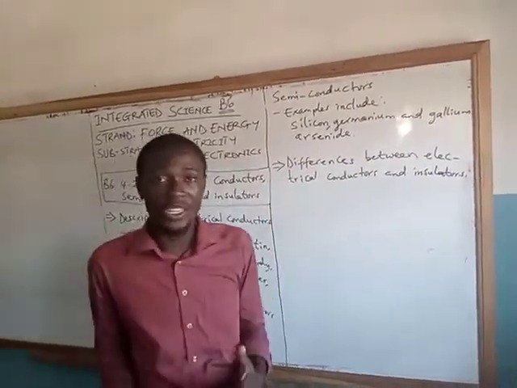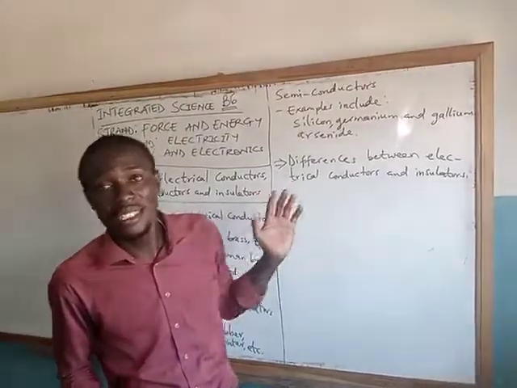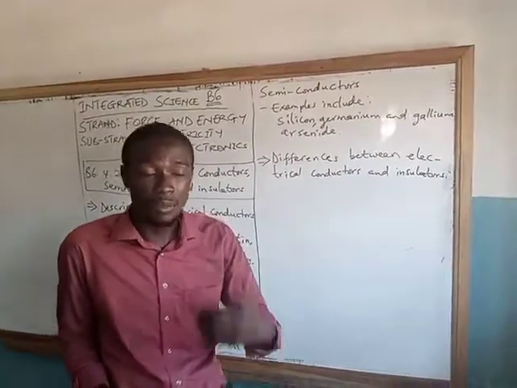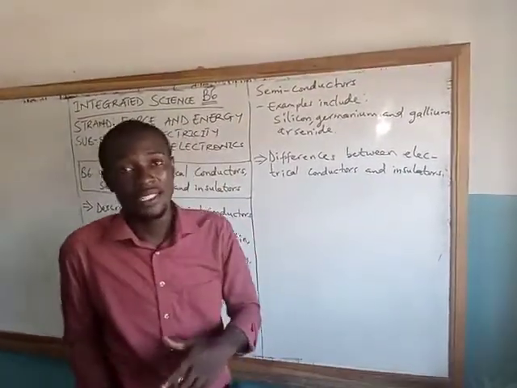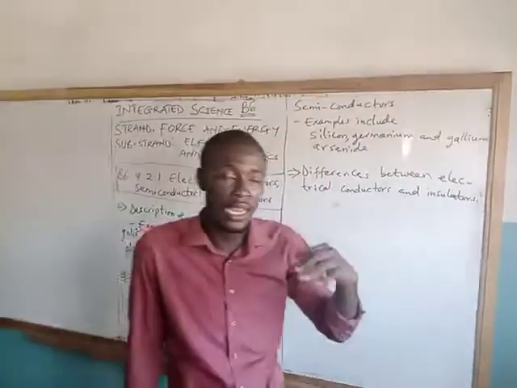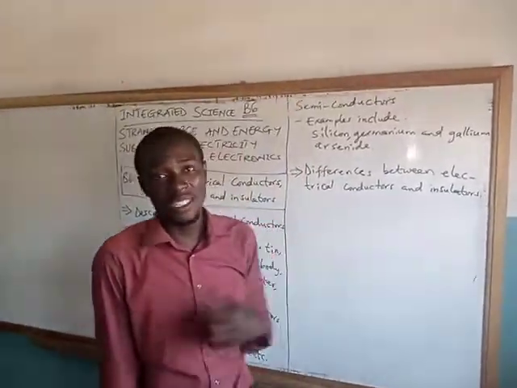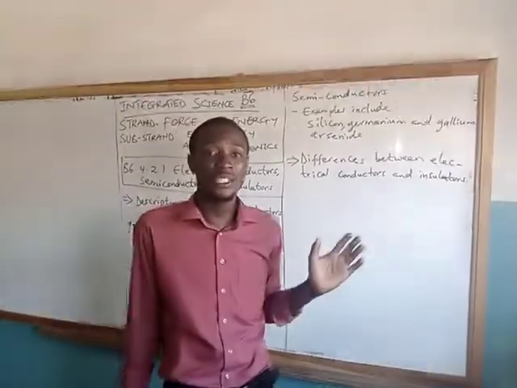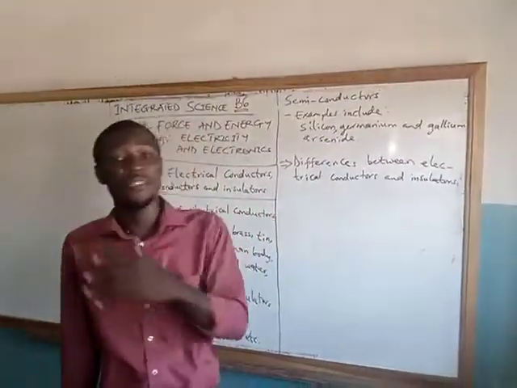They can conduct more readily than insulators, but less readily than conductors. Why? They have a considerable electrical resistance. But electrical conductors have little or negligible resistance, so electricity can easily move their way through.